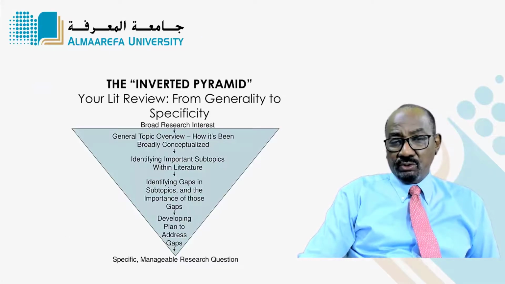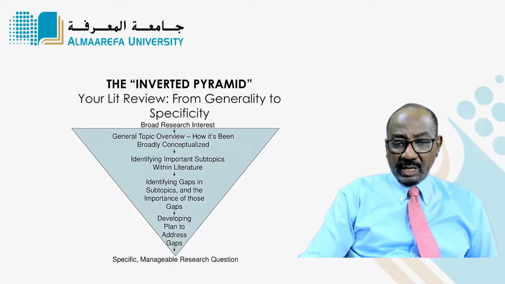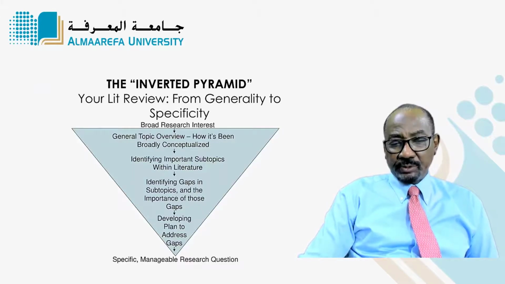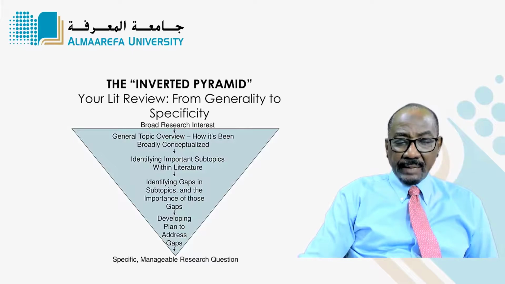Your literature review starts from generality to specificity. You start with the broad research interest, the general topic overview, how it is being broadly conceptualized, then identifying important subtopics within the literature, then identifying gaps in subtopics and the importance of those gaps, and then developing plans to address the gaps. Now you end up with specific manageable research questions and objectives.